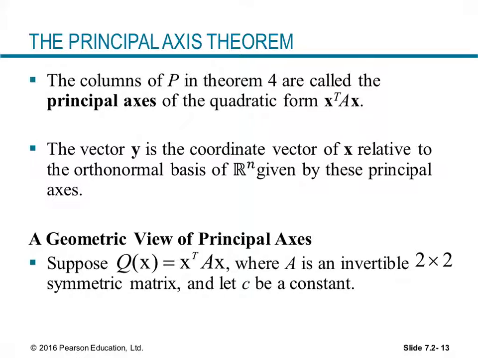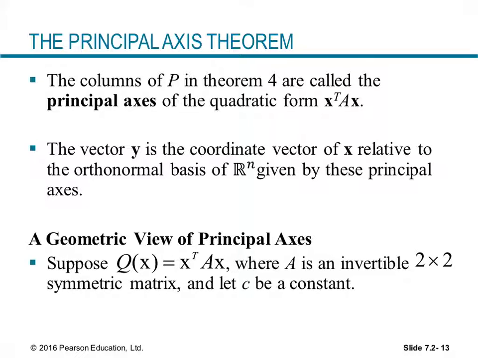Then the change of variable introduces the y vector, which is the coordinate vector of x relative to the basis, and this basis is given by the columns of the P matrix. So in other words, this y vector is the coordinate vector of x relative to the orthonormal basis of Rn given by these principal axes.